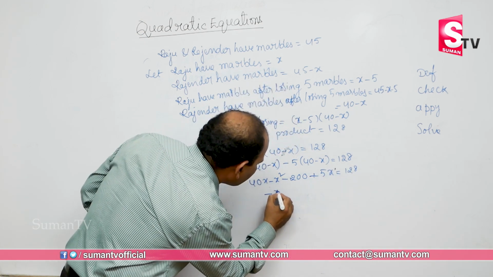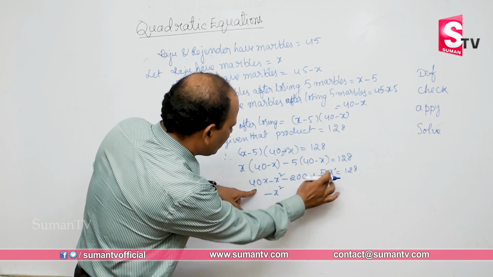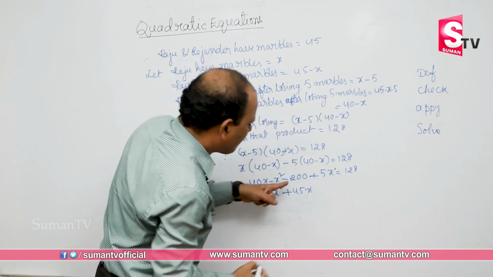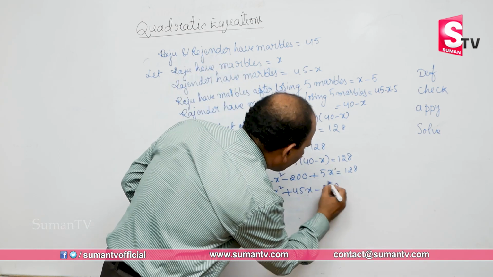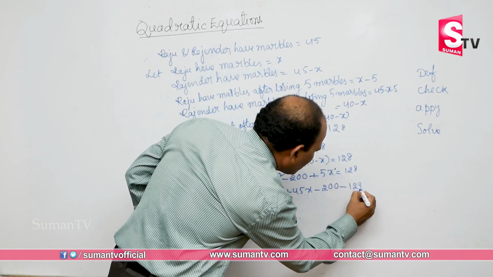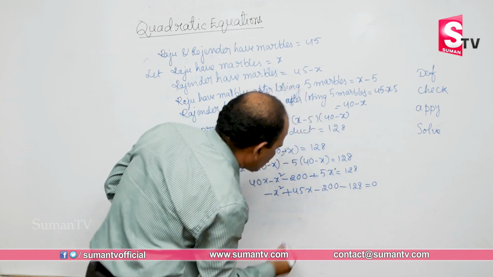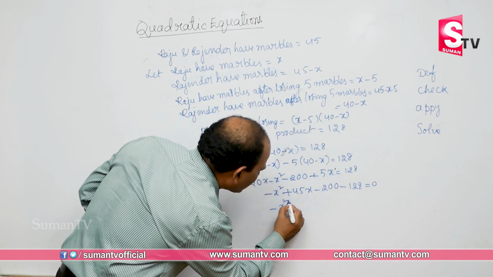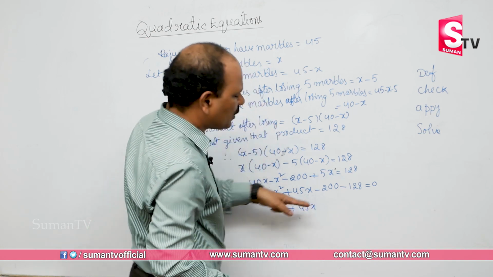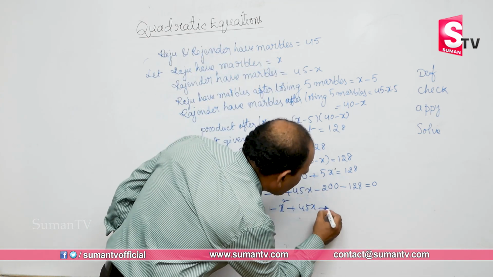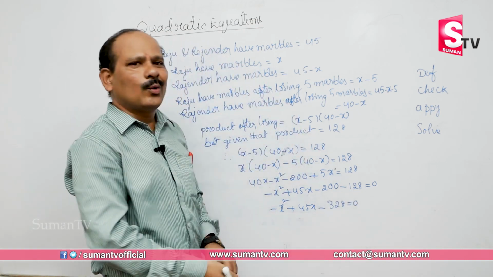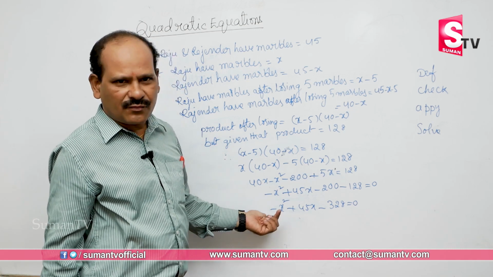Now minus x square, 40x plus 5x is 45x, minus 200. Bring the 128 to the left side. Now it becomes minus x square plus 45x minus 200 minus 128, that is minus 328, equal to 0. Now we got the quadratic equation form.